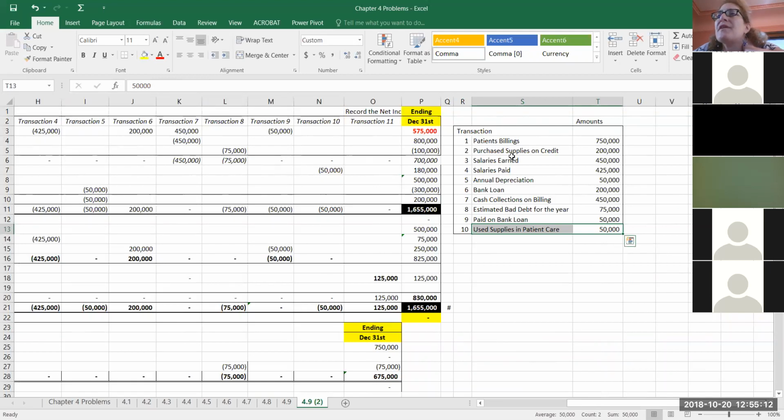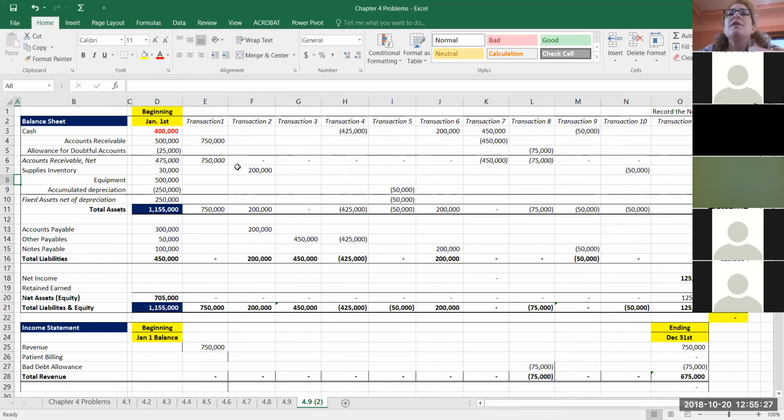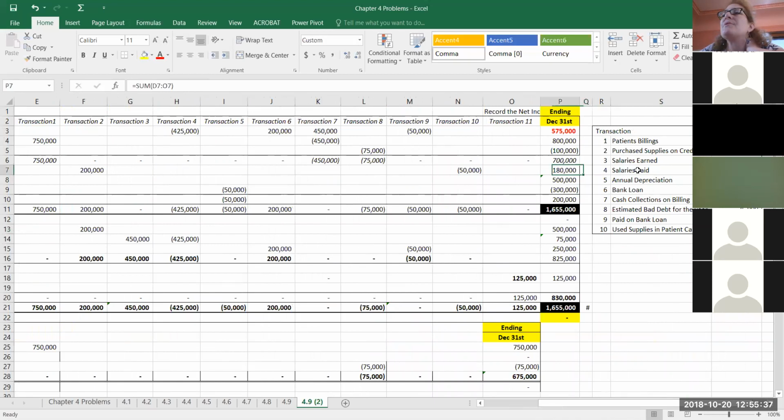So there's nothing in here that says that we actually paid for those supplies yet, right? We don't have that as one of our transactions. So what that means is that we still owe the money for those, right? So if we had paid for them, then we would net the transactions here. And I do have something here as supplies inventory. Yeah, because we're using it, right?